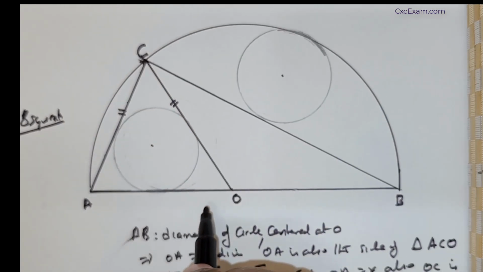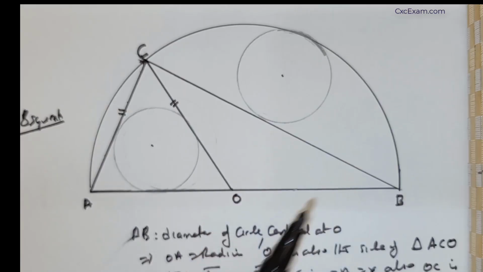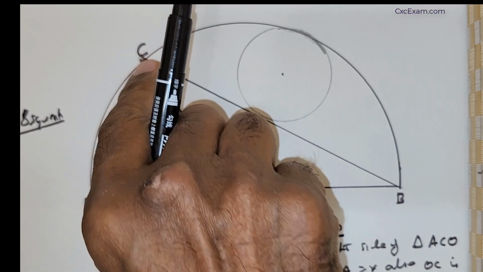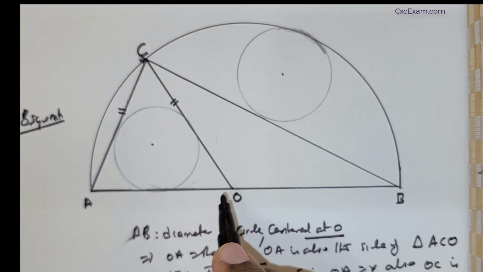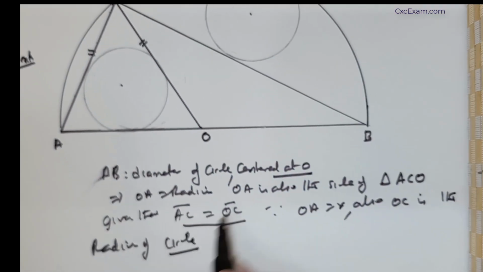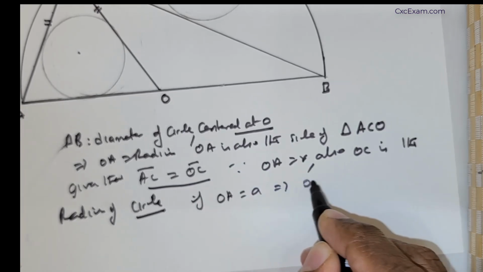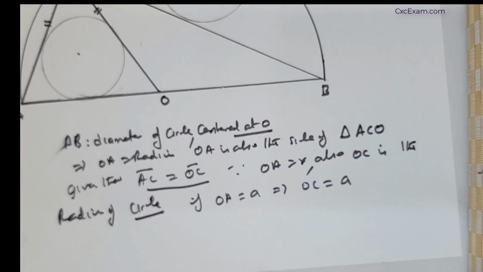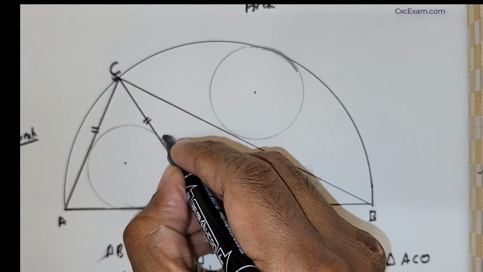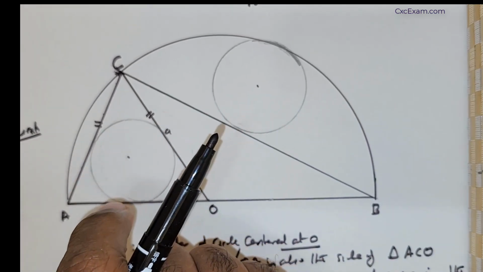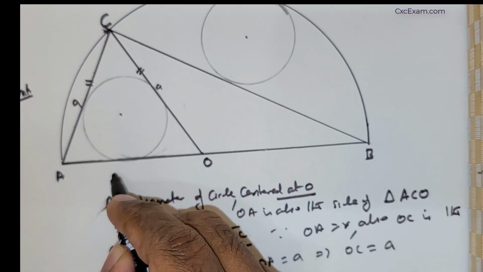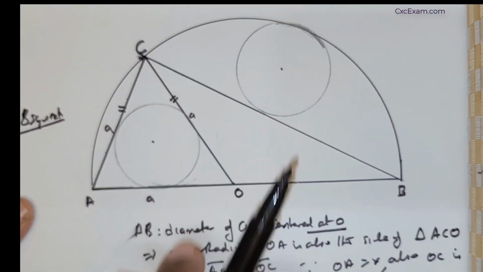Clearly you can see that O is the center, right? So this is also going to be the radii. So if I take OA to be equal to A, then this means OC will also be equal to A. Okay. So if this is A, naturally these two sides are equal. So this is also going to be A. So we have A, all three sides are A.